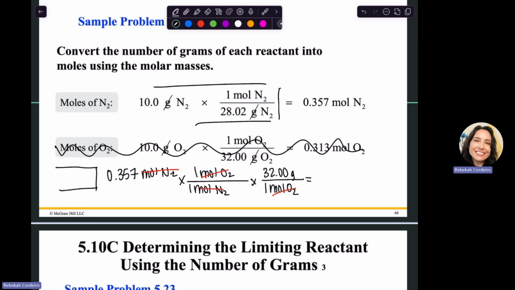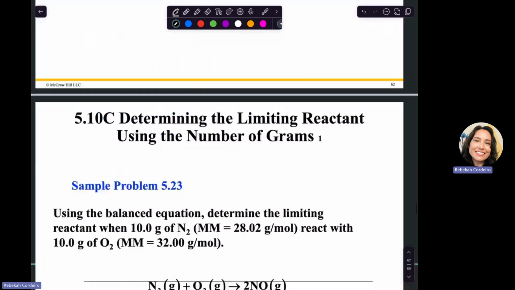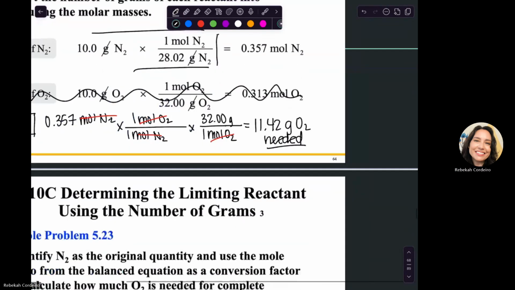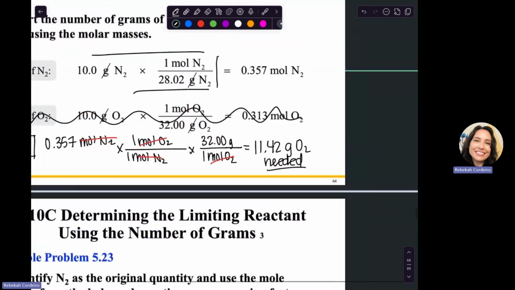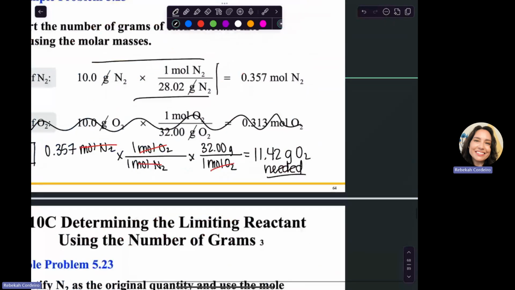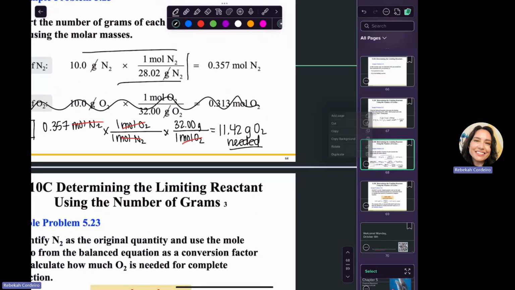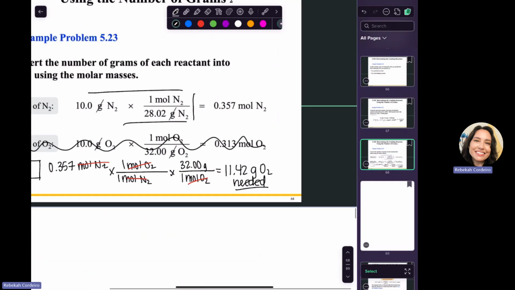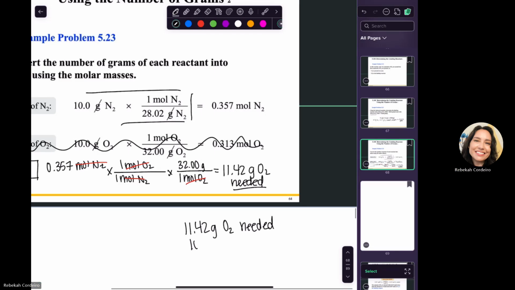All right, divided by 32.00. So we get 11.42 grams of O2 that we need to react with all of our N2. How much O2 do we have? We have 10 grams of O2. So 11.42 grams of O2 needed, 10 grams of O2 given.